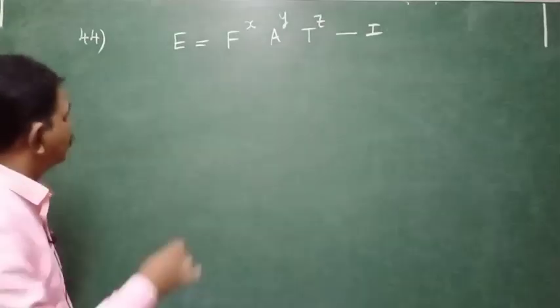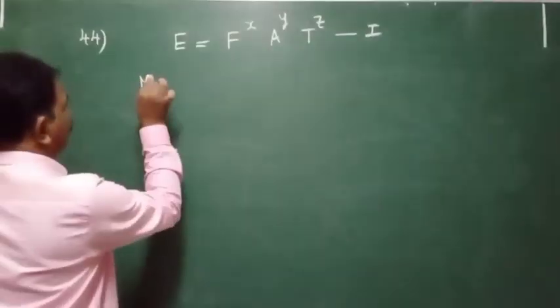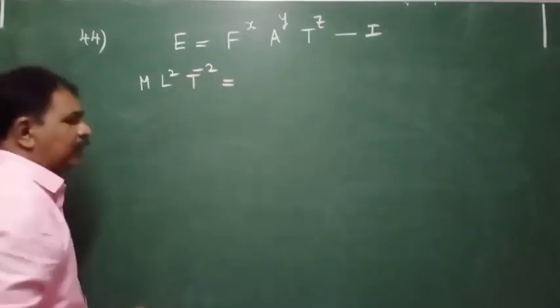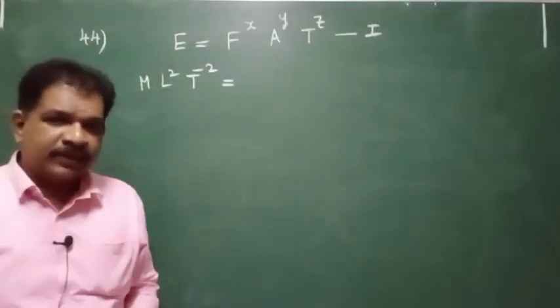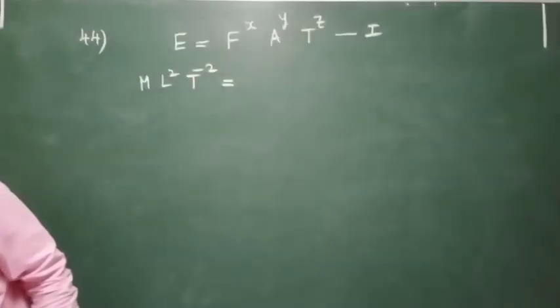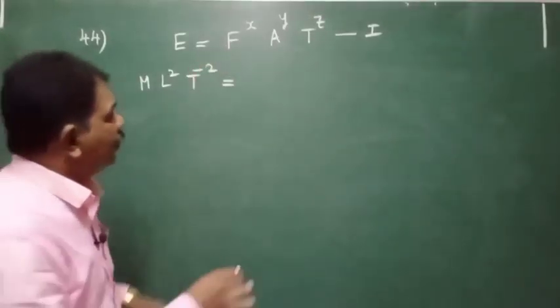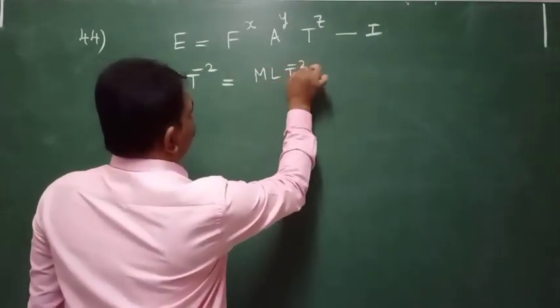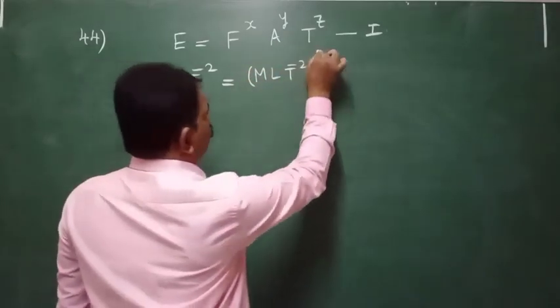Write the dimensional formulas on both sides. Energy dimensional formula is M L square T power minus 2. E is energy only, na? Yes. Then force dimensional formula will be M L T power minus 2, power x.